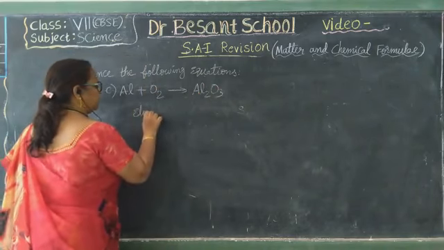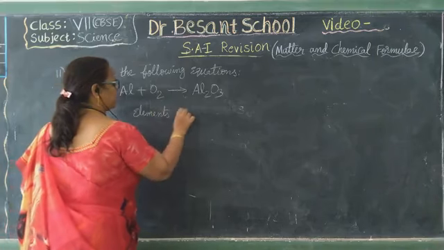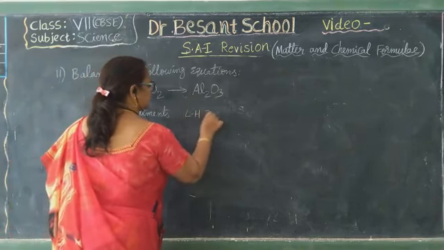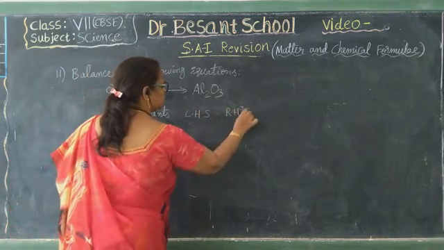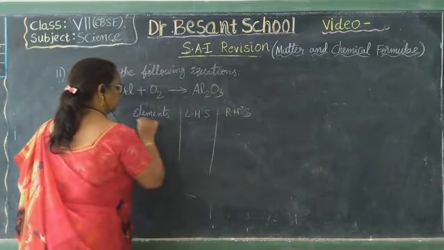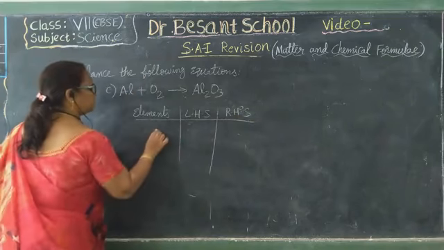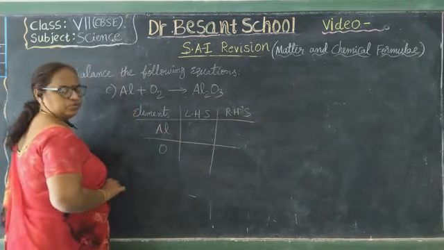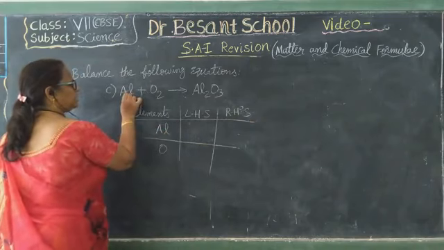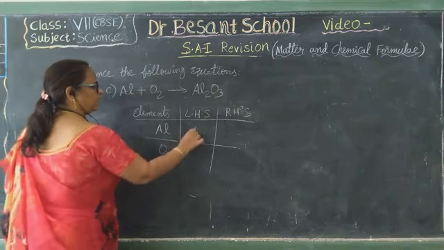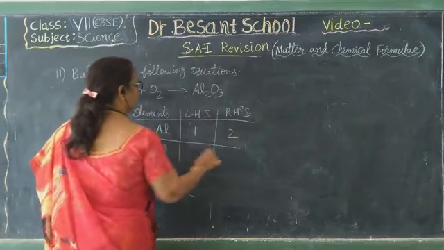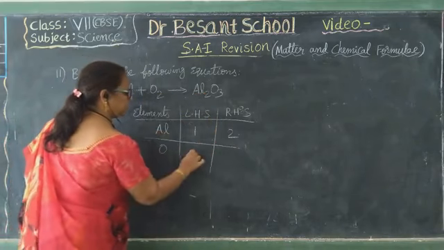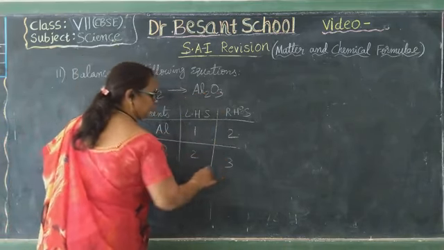Again, same table, elements, LHS and RHS. Elements, aluminium, Al and oxygen, O. Now this side aluminium, how many atoms are there? 1. This side 2. LHS side oxygen 2 and RHS side 3.